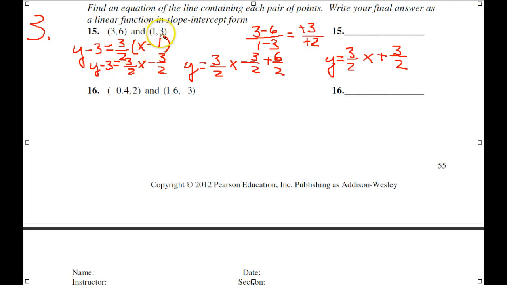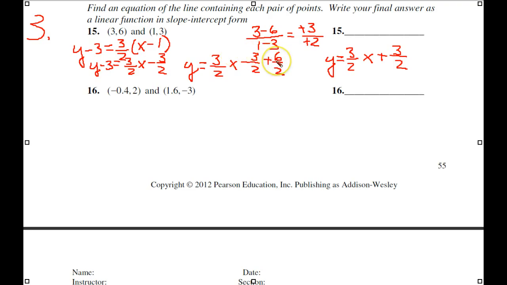I chose to use this set. So it's y minus 3 equals 3/2 times x minus 1. So there's the negative 3, there's the negative 1, because of the negative being in the formula. I multiply through, and I get this.